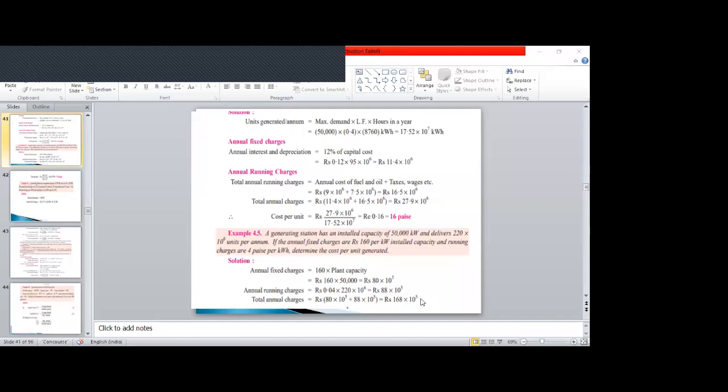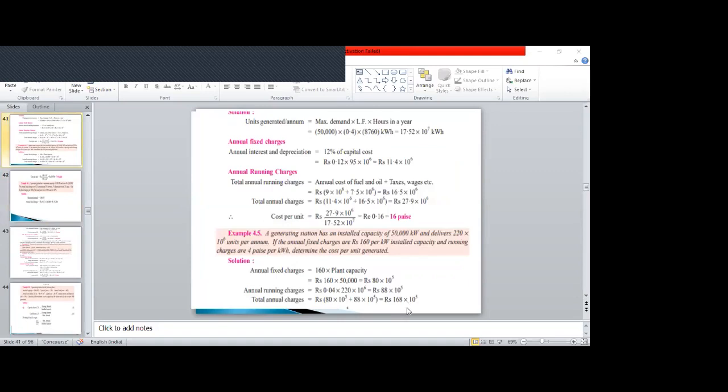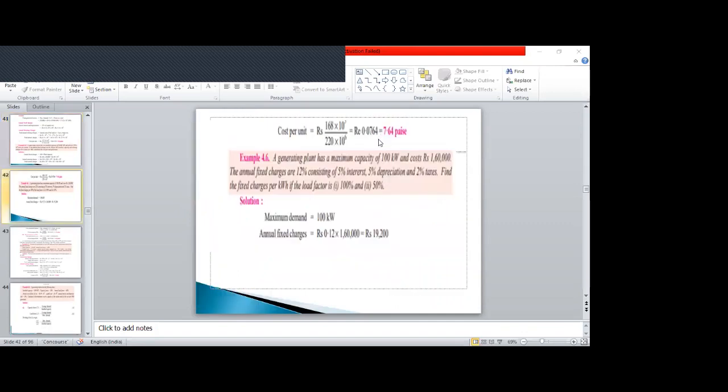After this, next what we have to do? To get the cost per unit, like you solved in the earlier problem, you got the total annual charges. Next, to calculate cost per unit, what you have to do? Divide by total units or total kilowatt hour, that is given as 220 into 10 to the power 6. So this value divided by the units generated, 220, you will get the cost per unit.